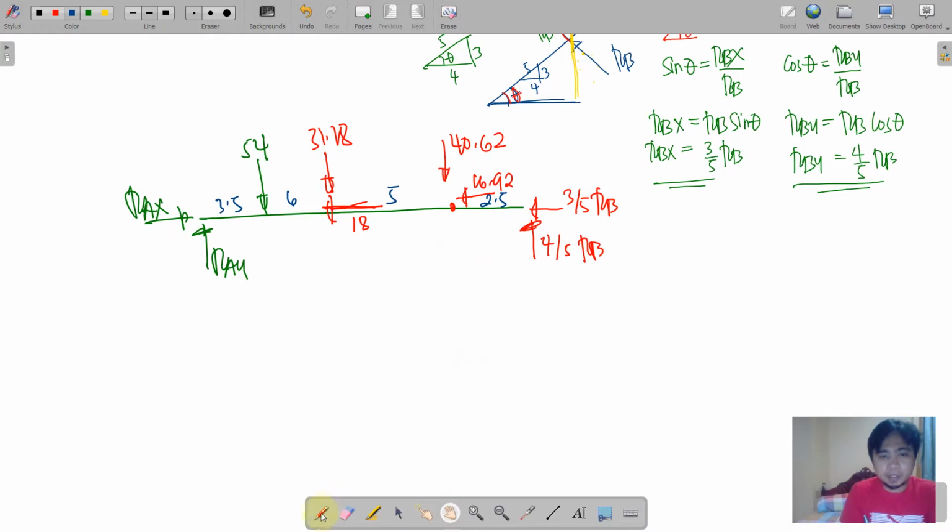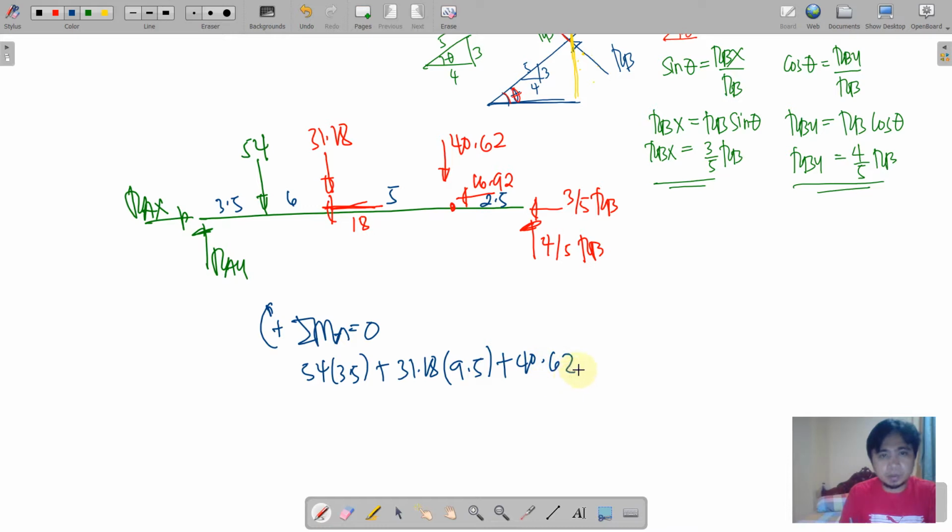so we now take moments at A equal to 0. We have 54 times 3.5 plus 31.18 times 9.5 plus 40.62 times 14.5, because 5 plus 6 is 11, plus 3.5 is 14.5.